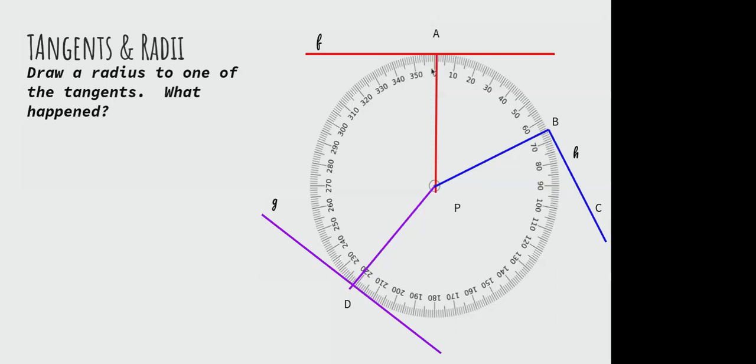Look at the blue radius, the radius from P to B that attached to line H. What kind of angle is this?